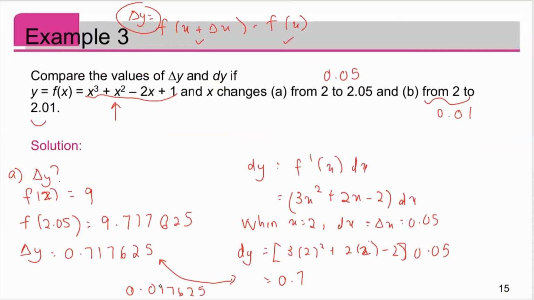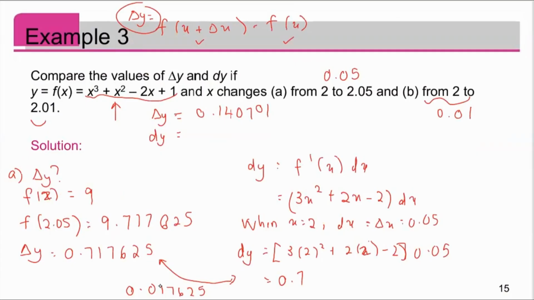So I'm just going to write what is delta y and what is dy for question 2, because they are basically the same thing. Okay, just that now we have 2.01 instead of 2.05. Okay, so for question B, if you calculate delta y using analogous procedure that we have here, you will get that delta y is equal to 0.140701.